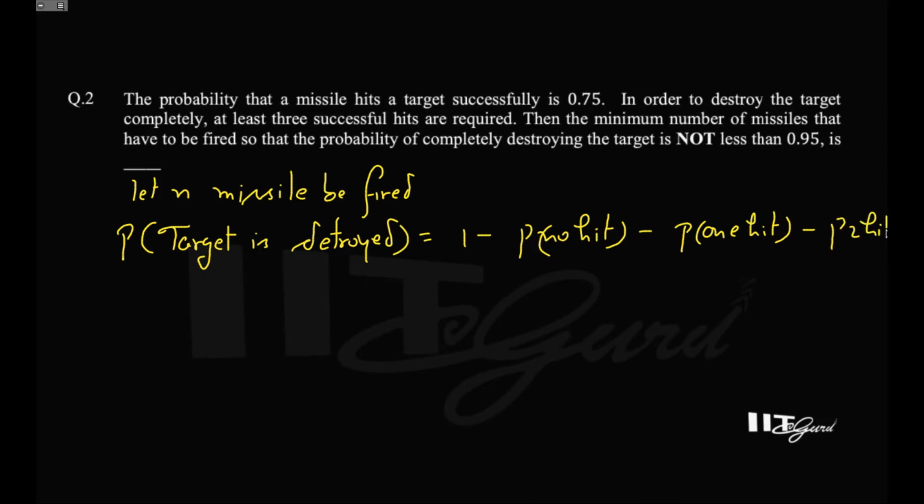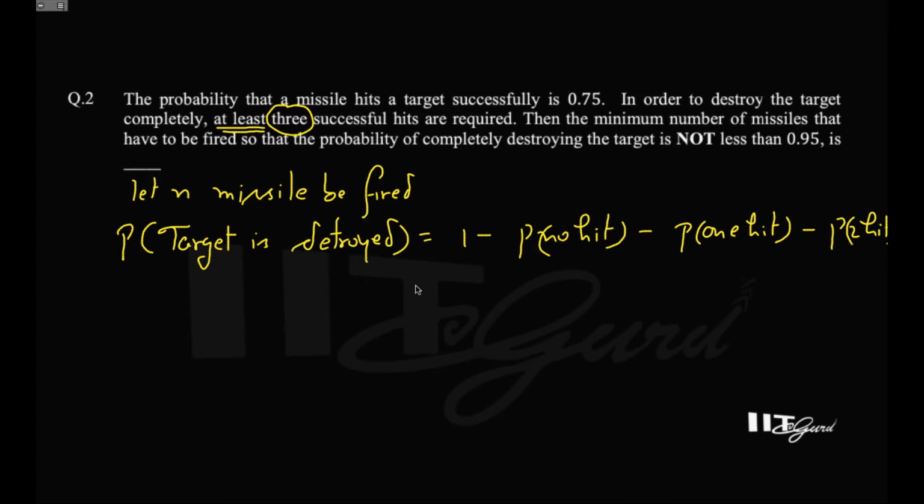Here there is the word at least. For at least, whenever there is at least, it is the total minus the probability of no hits, one hit and 2 hits, as 3 hits are required for the at least case. Wherever there is an at least case, you have to do it this way. In this way, the counting will be less rather than doing tedious work.